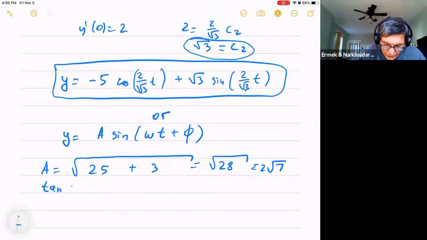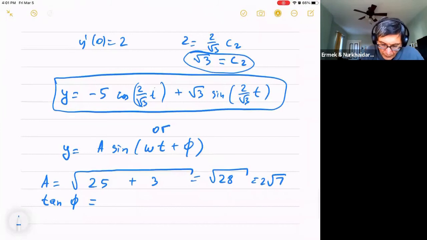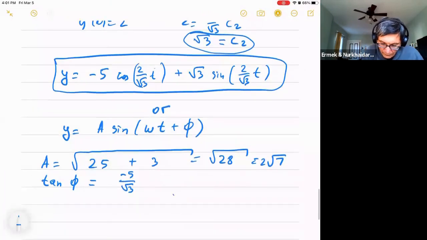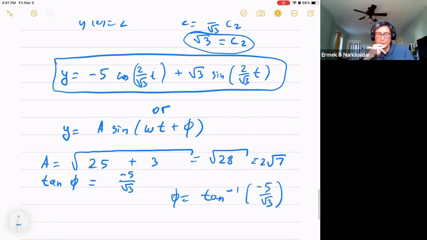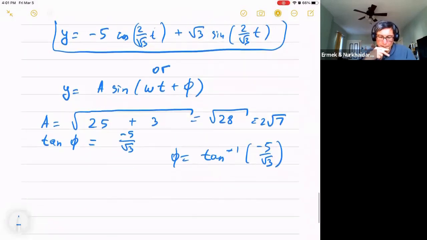Then tangent phi equals C1 divided by C2. So -5 divided by root of 3. So phi from here equals tangent inverse of -5 over root of 3.